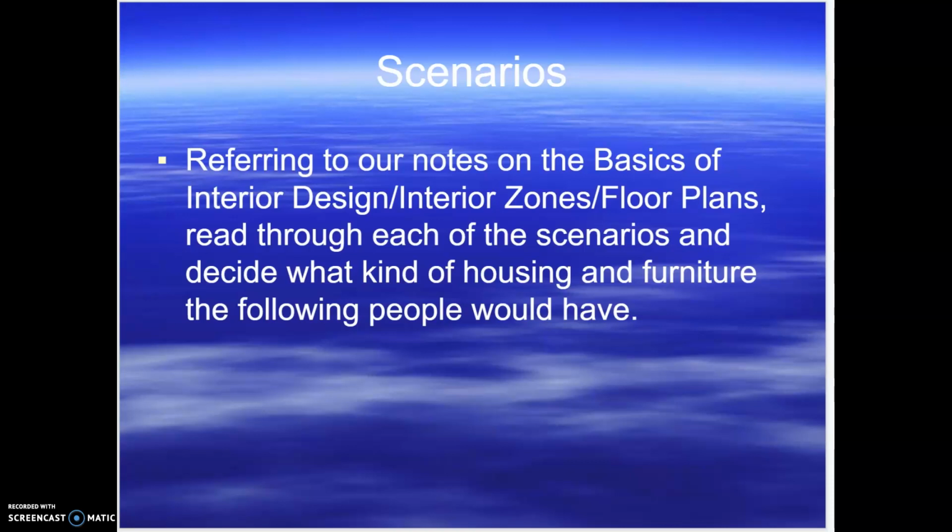So again, this is very open-ended. Some of it is pretty vague, but just based on their interests, if they're a family, if they're single, you want to kind of use your own knowledge and your own opinions on what you think would be the best and the most functional for them. So go ahead, you may pause this clip and go ahead and complete that. And then when you are done, you can continue viewing this recording.